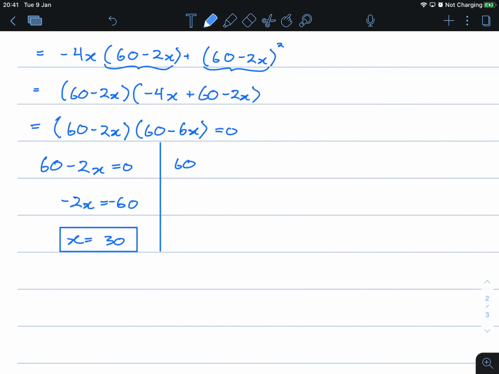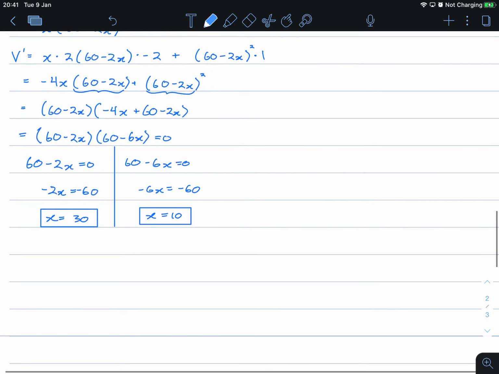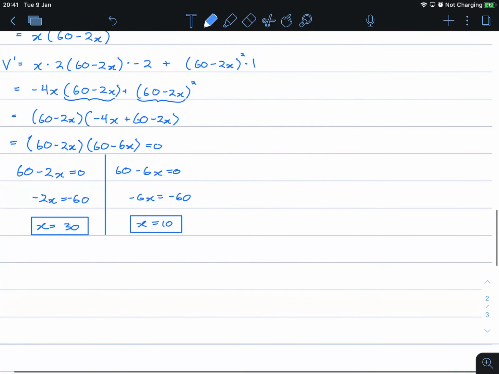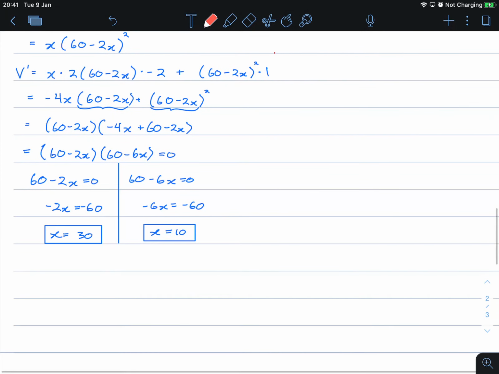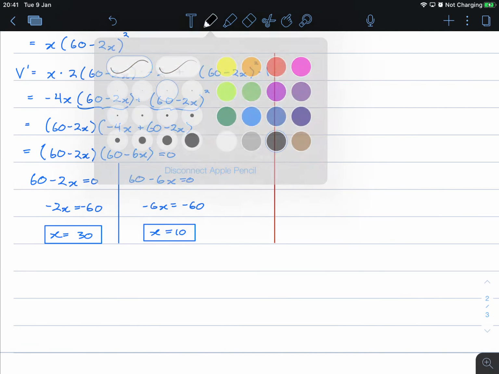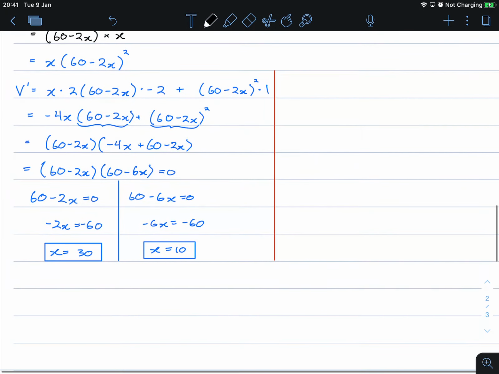So let's solve for the next one as well. We get negative 6x equals negative 60. x equals positive 10. So now we have two possible solutions. So now let's determine the nature of both. You can do this in any way that you like. I would like to use a derivative table.